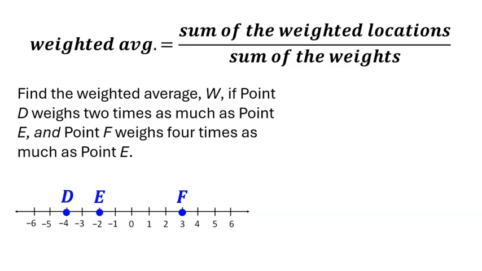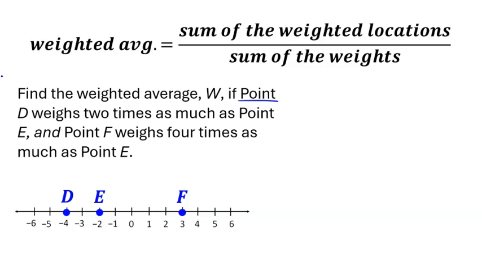All right, with this one, it says find the weighted average W if point D weighs 2 times as much as point E and point F weighs 4 times as much as point E. So we are looking now at 3 different points.